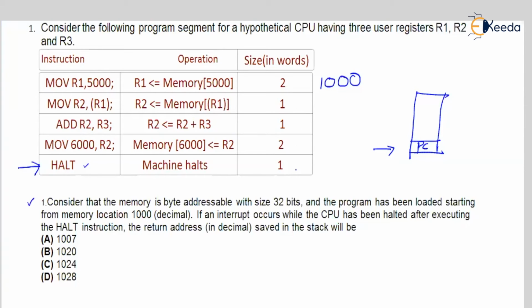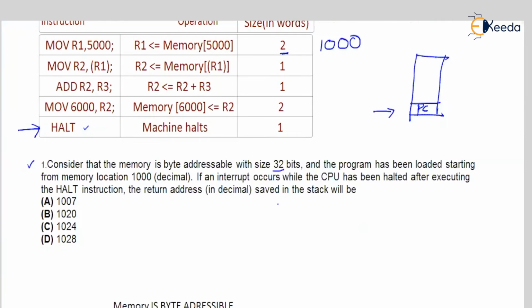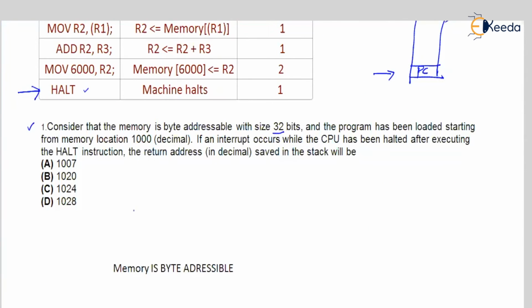from 1000. And as it is two words, the first instruction is going to take 8 addresses, since every word is equal to 32 bits, right? I will write it here. One word is equal to 32 bits, which is equal to 4 bytes, right?